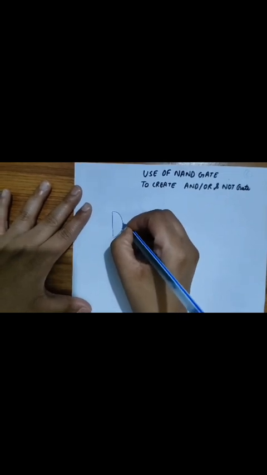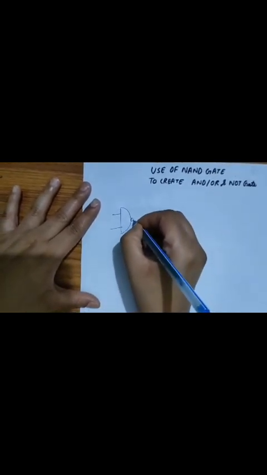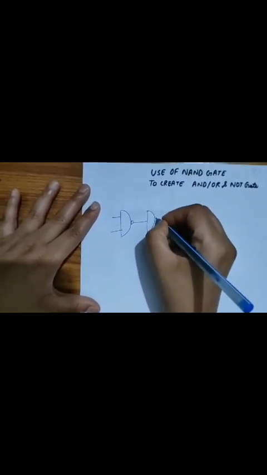So now we'll study the use of NAND gate to create AND gate, OR gate and NOT gate. Since NAND gate is a universal gate, we can create other gates using this gate. So for AND gate, the circuit will be like this.